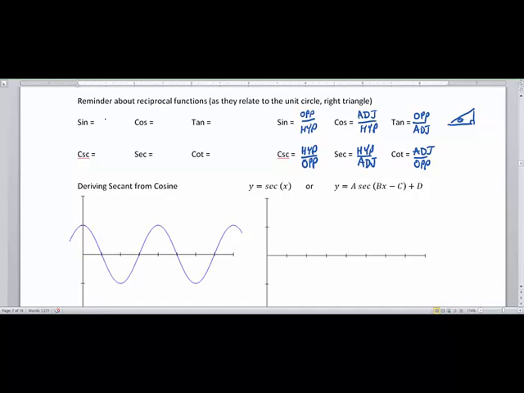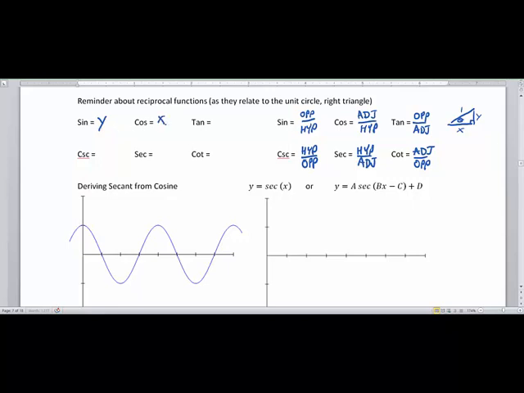Now let's look at a unit circle. In the unit circle, the hypotenuse is going to be equal to 1. And from that theta, the opposite side is going to be the distance y. And so therefore, in our unit circle of x, y, and 1, sine is y.